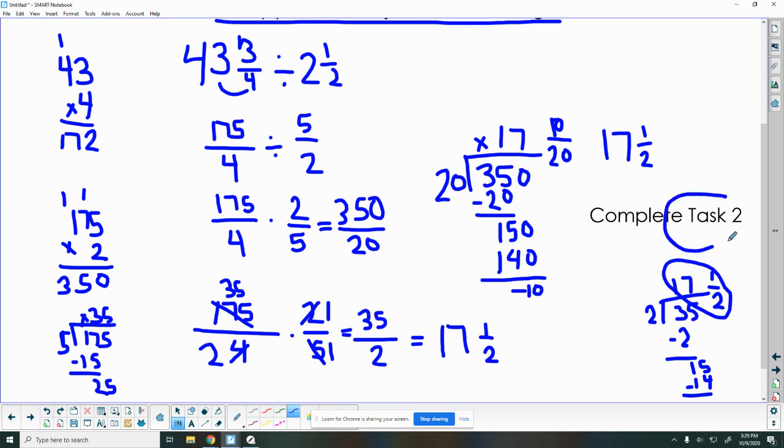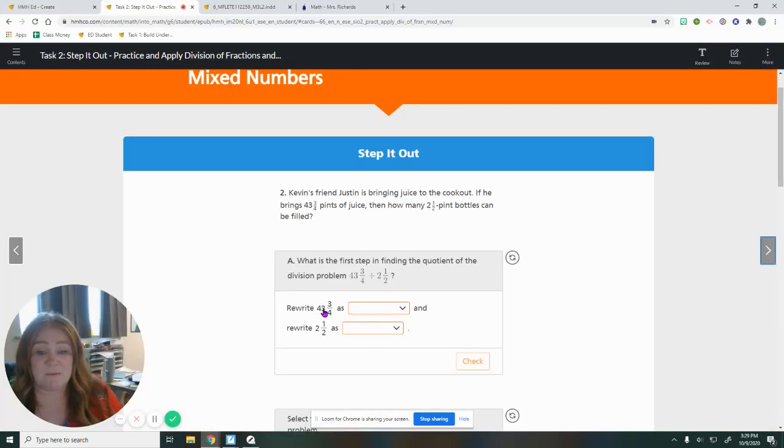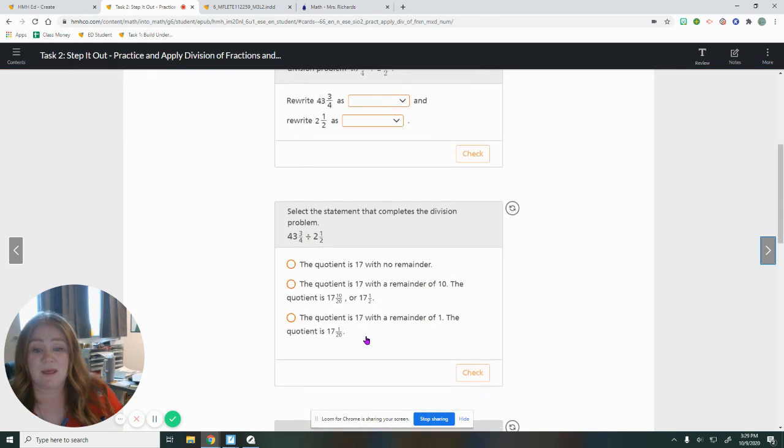So let's go ahead and look at the problems for task 2. We have all of our work and all of our answers right here. First we need to write these as improper fractions. Go ahead and put those there. Then you're going to tell me the statement that completes the division problem.